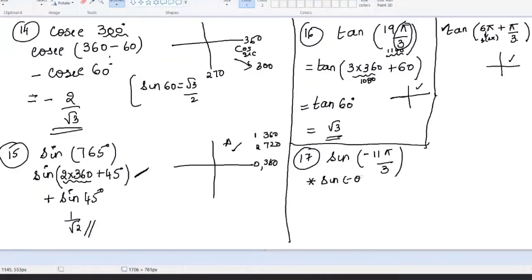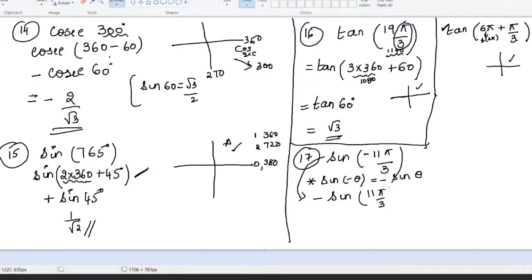What is sine of minus theta? Minus means fourth quadrant, sine is negative. Sine of minus theta is minus sine theta. So this should be my first understanding. I find sine of minus theta, so it is minus sine theta. So write the same question as minus sine 11 pi by 3.